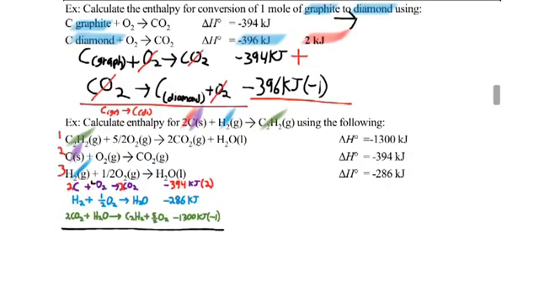So I see that I have 2 oxygens in that equation, and I have 2.5 oxygens in that equation.